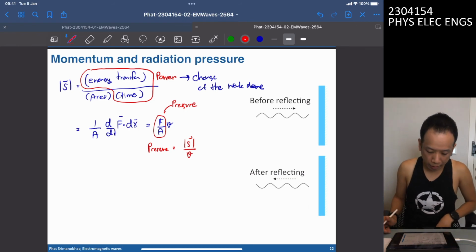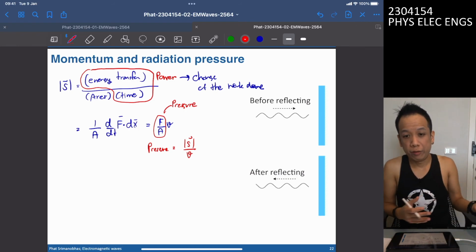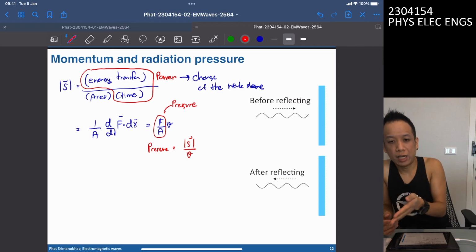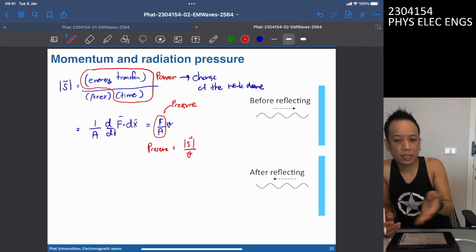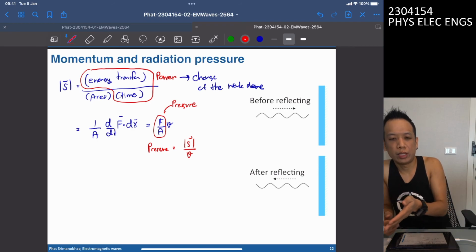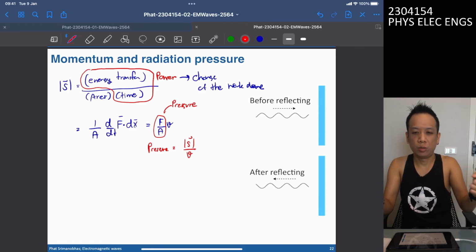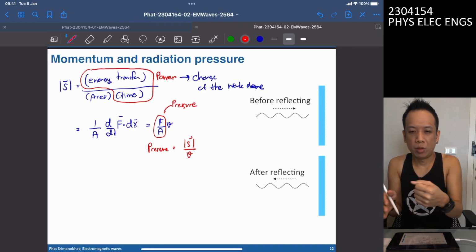Okay. And then in the book, it just said that you have the surface that totally absorbs things, and the surface that has perfect reflection, for example. What is the change of the pressure? In that case, you know that it's the change of the momentum, because with one, you have the balls going to the wall, and then the ball sticks to the wall.